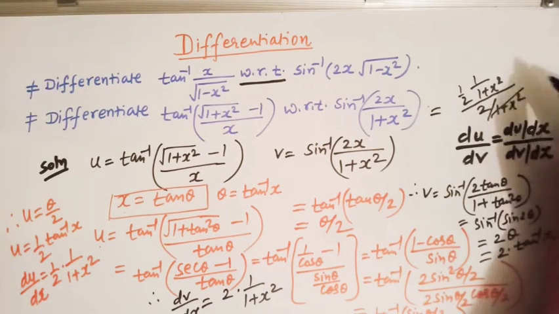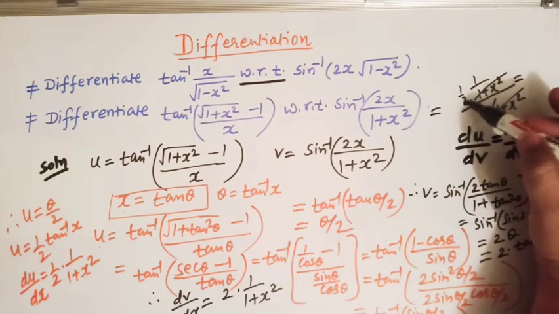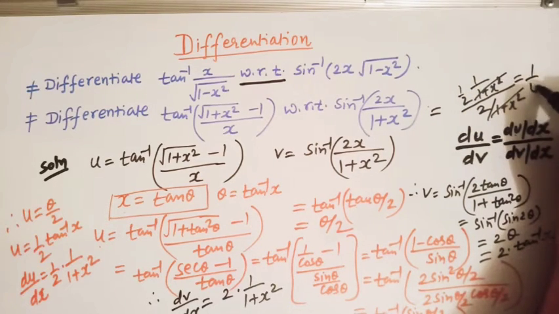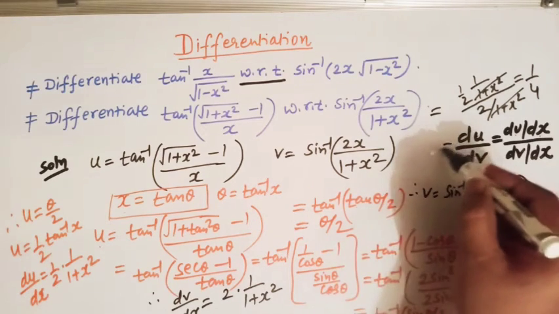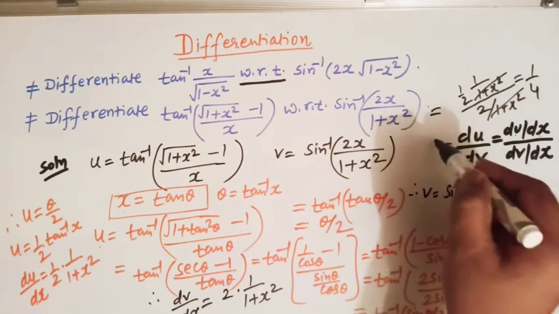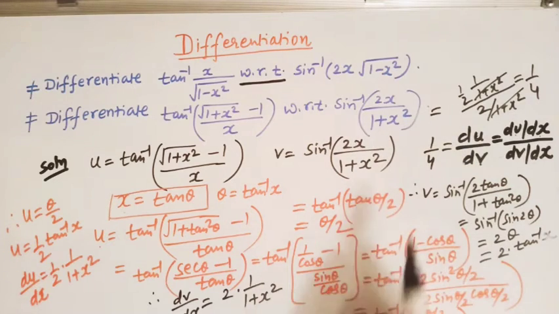So 1 plus x square and 1 plus x square get cancelled. We have 1 over 2 divided by 2, that is 1 over 4, right? So therefore the value of du over dv is 1 over 4.